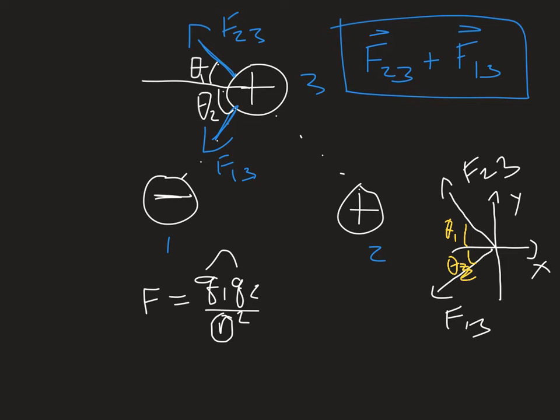You do vector addition. I'm going to take each of these forces and use my trig to break them down into X components and Y components, and then I do my vector addition. So look back at some of the examples and some of the homeworks that we did on this, and make sure you understand the steps of how to apply Coulomb's law.